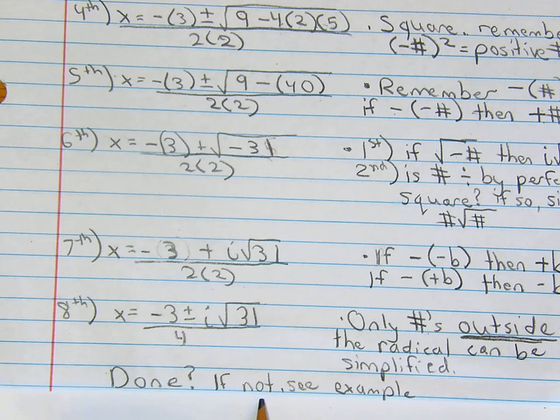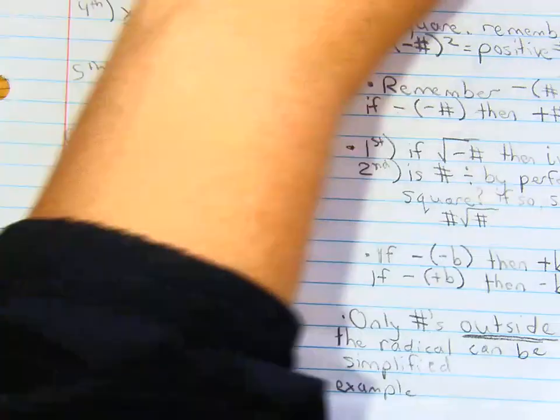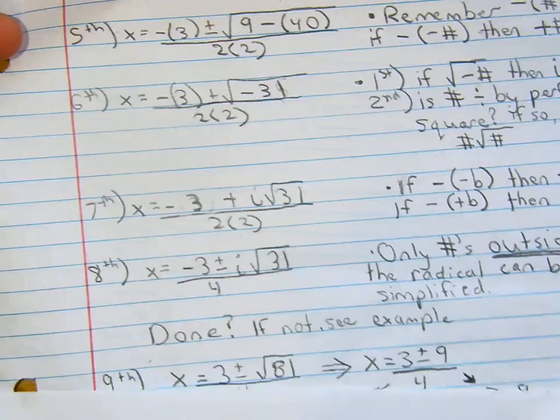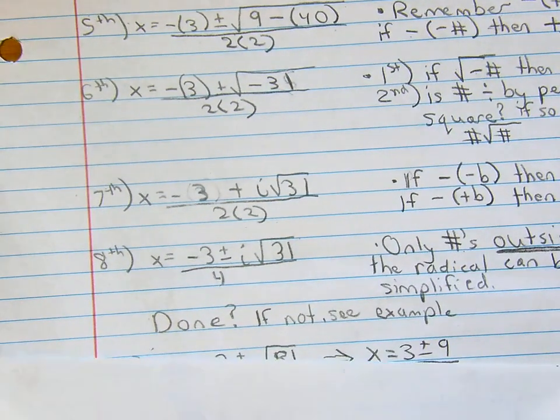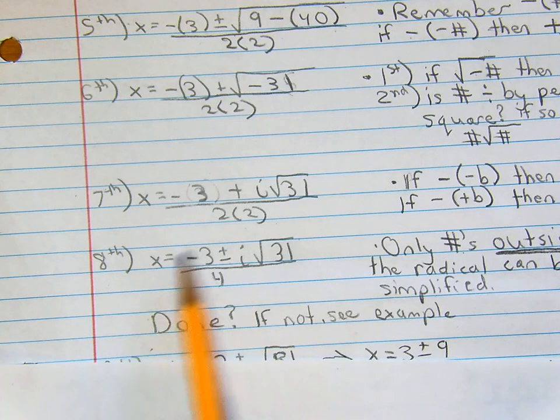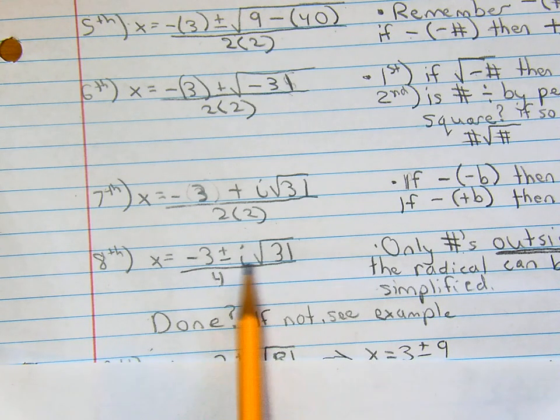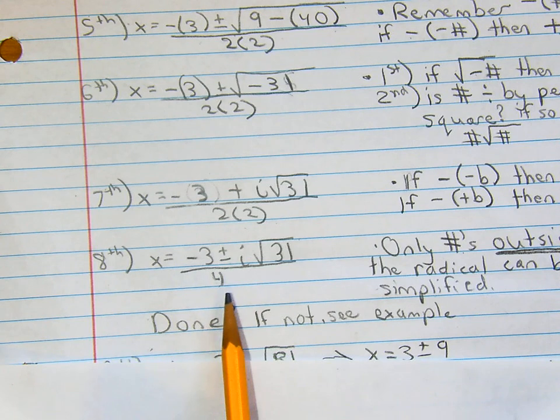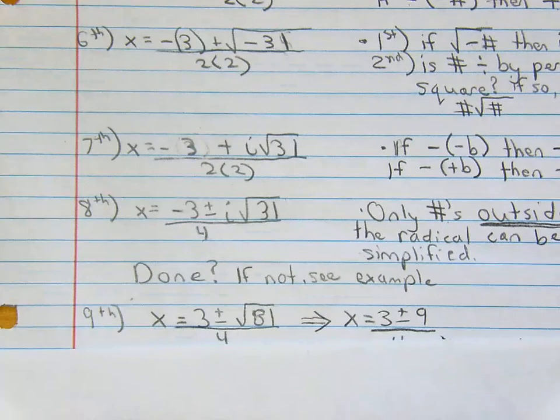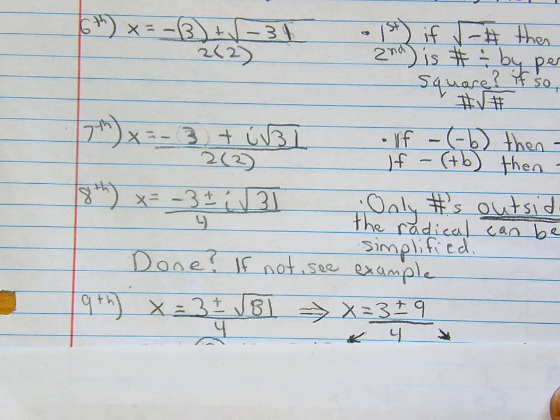But there is a situation where you wouldn't be finished at this point. Okay? So a lot of times, this is where you would end, possibly after simplifying if need be. I can't simplify, so this doesn't simplify any further. And the situation where you would not be finished is if you had something that looked like this.